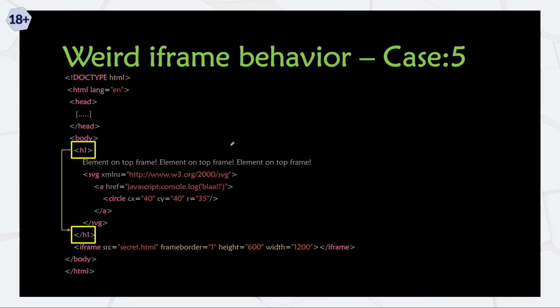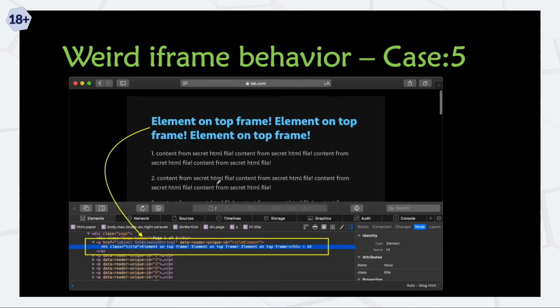Now the next test case is to add some sort of string inside the H1 element, which says H1 element on top frame, and then again our harmless SVG tag, pointing to a JavaScript URI, which should log a message called blah.